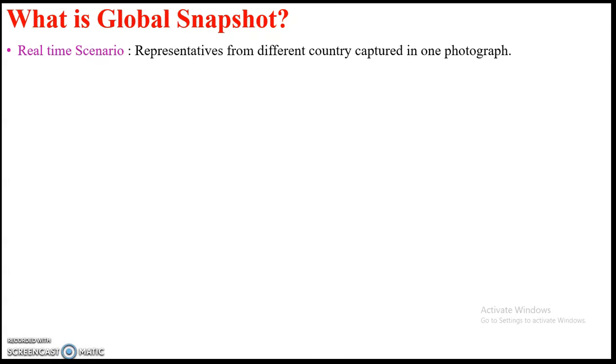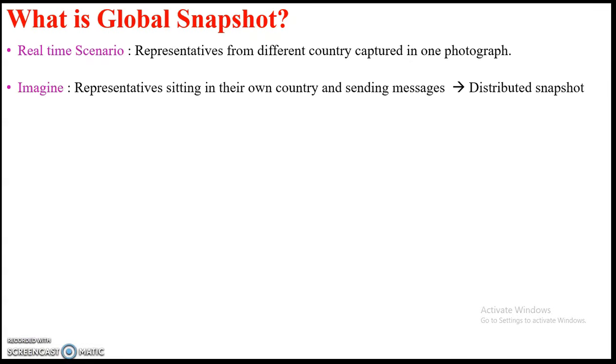So all of them are at one place at the same time and a photograph is captured. Now imagine representatives sitting at their own country and sending messages. This is where the distributed snapshot comes in, because they are geographically located apart from each other and still they are having communication with each other.